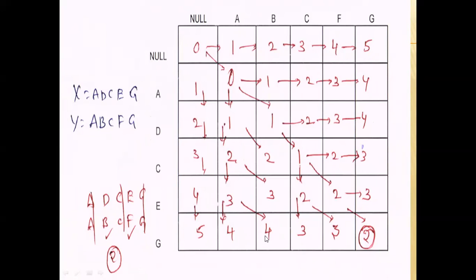Next, G is not equal to B, so consider the minimum value 3 and a replace operation. Next, G is not equal to E, so we consider the minimum value 2 plus 1 inserting operation, 3. So 3 operations. Next we consider 3 values, and the minimum value is 2.